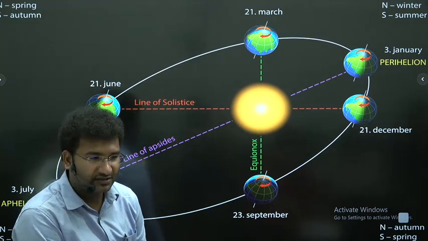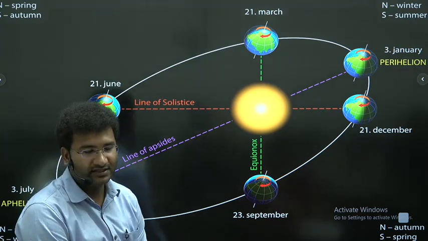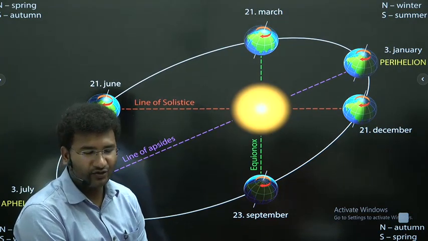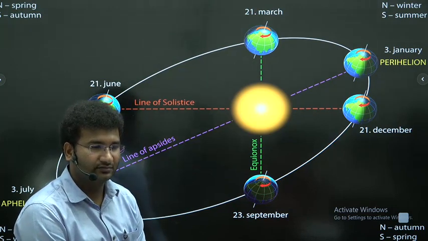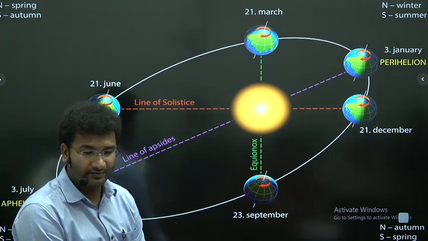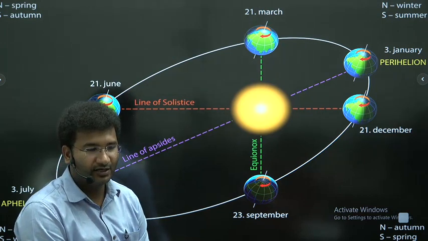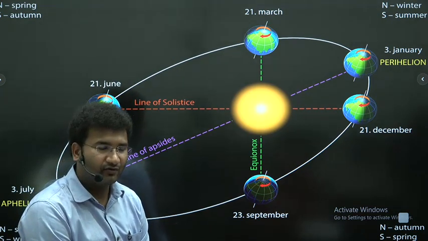Next, the 6 hours which is saved every year is cumulatively added to make 1 day over a span of 4 years.